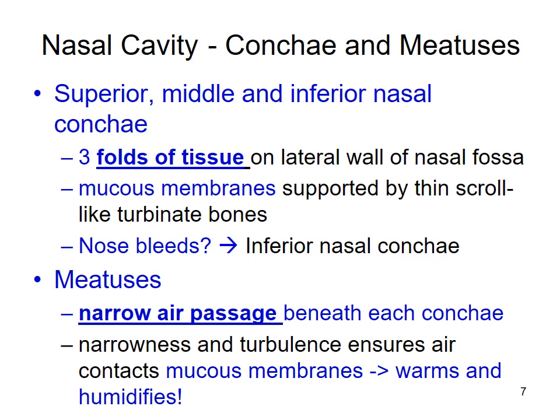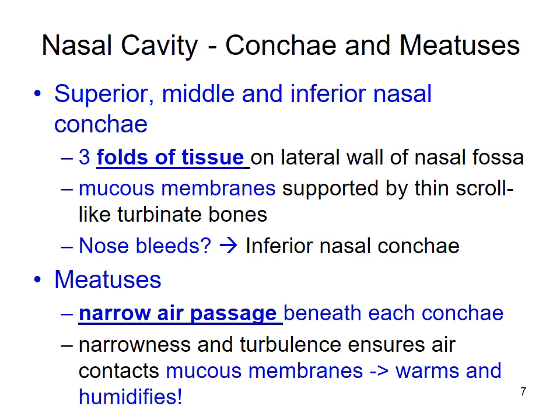So the superior, middle, and inferior nasal conchae are going to be 3 folds of tissue. And what we see happening is that they will be filled with different types of blood vessels, and these blood vessels will engorge through the tissue folds, allowing us to warm up the air that we're inhaling and humidify it as well.